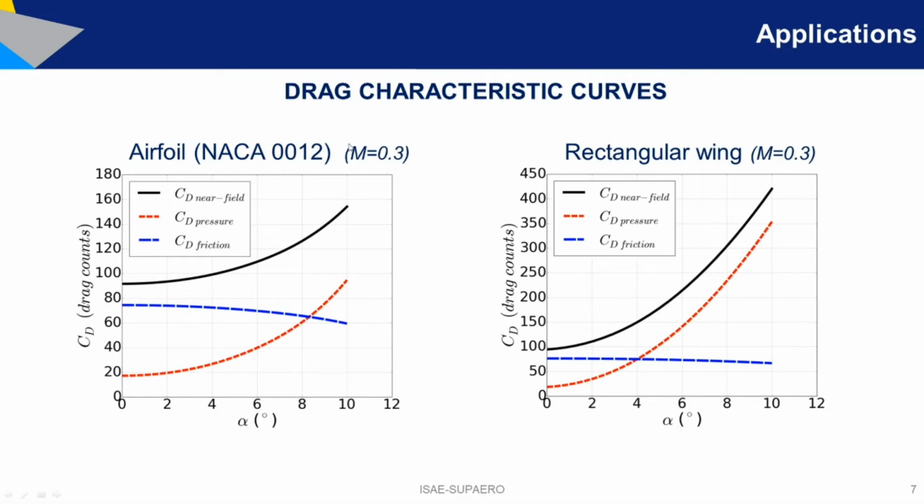So this is one of the drawbacks of the near-field method. However, it was the very first method. It is still used today. It's quite practical, especially to obtain reference drag values and to start understanding how a given body behaves based on the pressure forces and friction forces. So it is our starting point to improve, to generate better aerodynamic analysis methods.